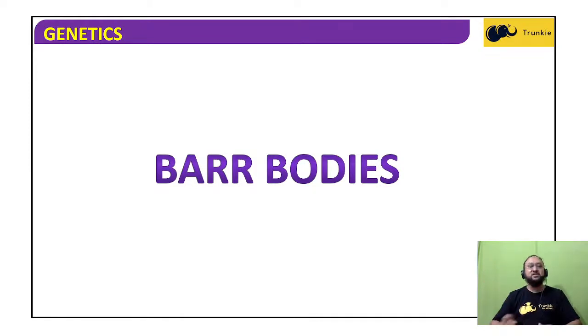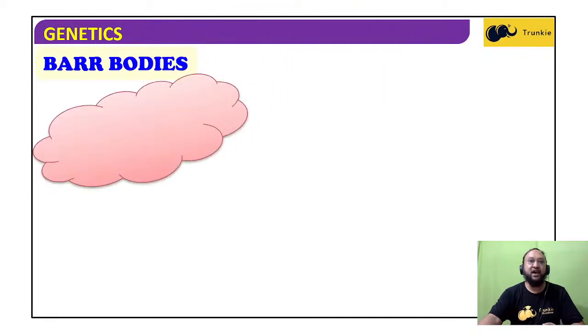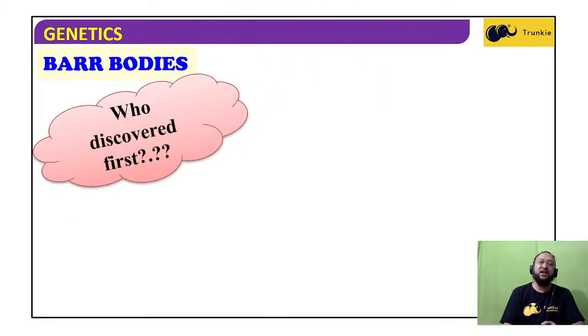As technology has advanced, we have come to know many new things about different phenomena and processes, whether it is the transmission of characters from parents to offspring, or the different physiological processes taking place in our body. So the Barr body is another important structure that we'll study, which was found after research by scientists, and it is a little surprising and unique.